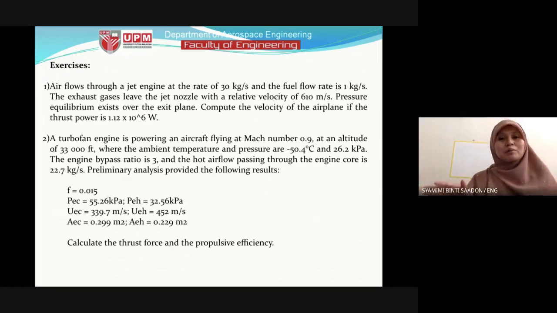So we assume that the exit pressure PE equals the ambient pressure, PA. So what happens to the thrust force equation? It will be more simplified, so that's why I say it is easy. So try to do this one.